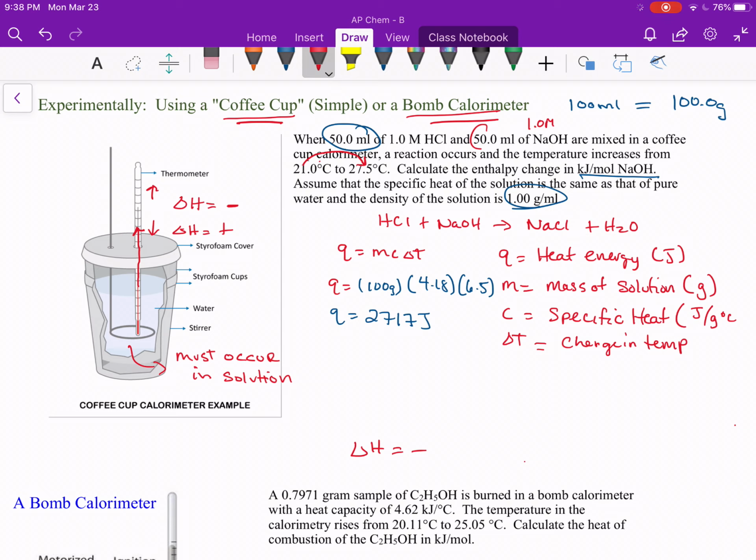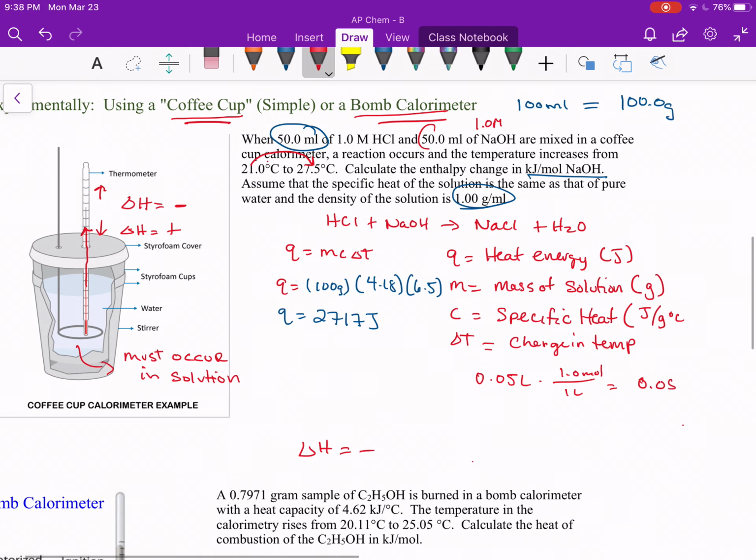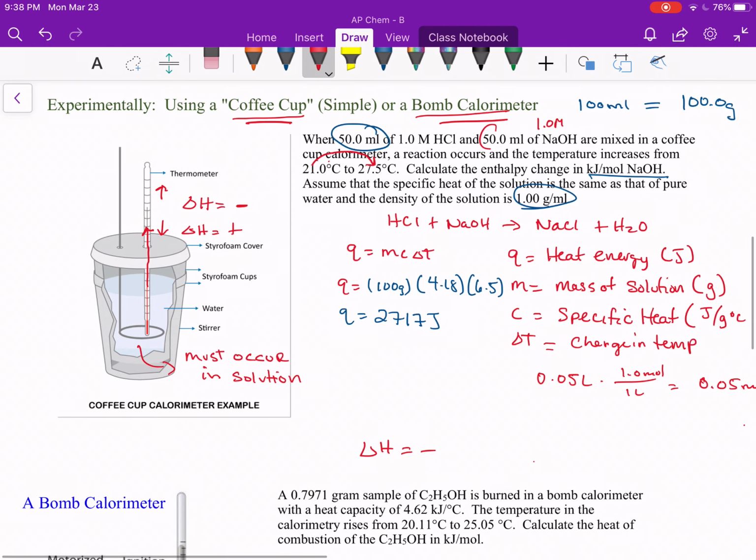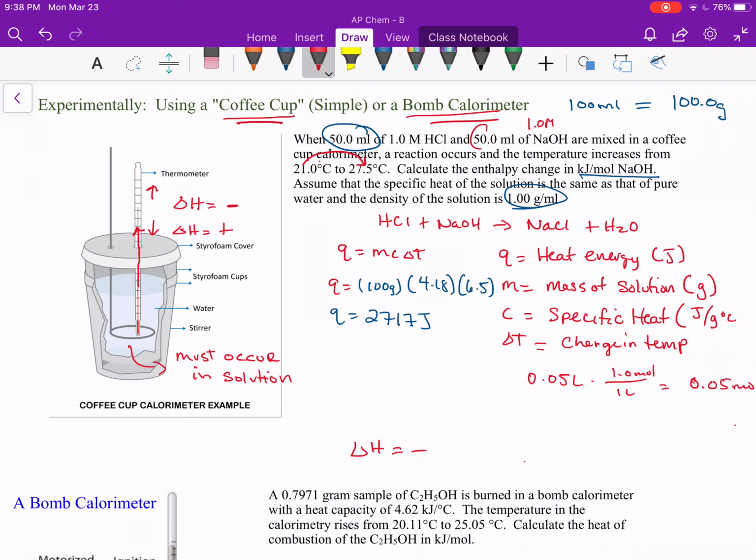And so we have 0.05 liters times my 1.0 mole for every 1 liter, and that's going to be 0.05 moles. So now, since we know that, we have our Q, and so our Q is going to be equal to 2717, divide that by 0.05, and that gives us our 54,340 joules per mole.